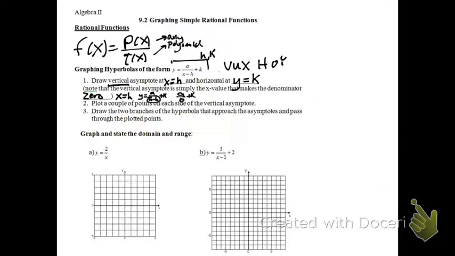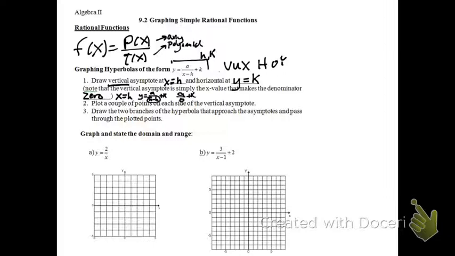And you might remember, you can't divide by 0. We talked about that when we were doing function operations back in chapter 7. Whenever you divide by 0, we have an undefined domain. There is no output when we plug in that value that makes the denominator 0. So we're always going to have a vertical asymptote whenever the denominator is 0. And that's going to come into play again and again in this chapter.